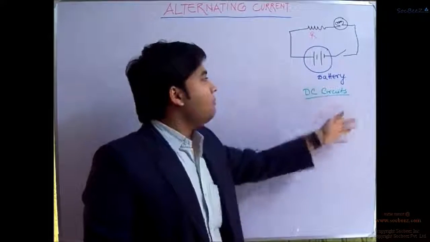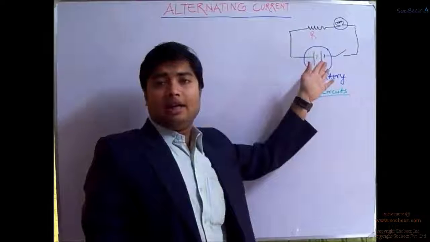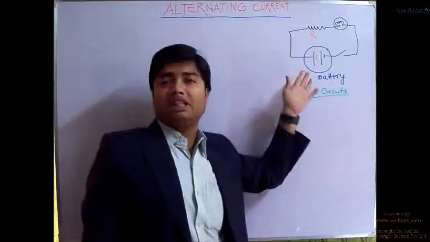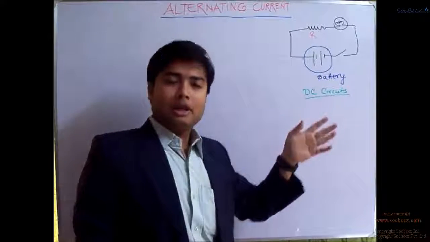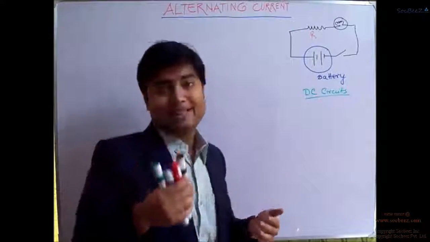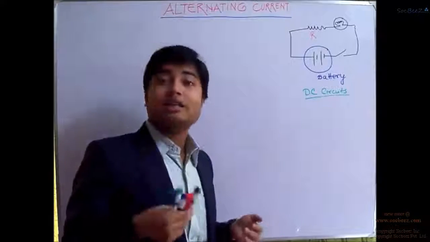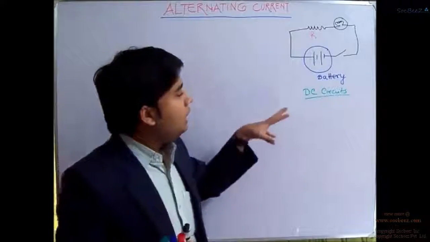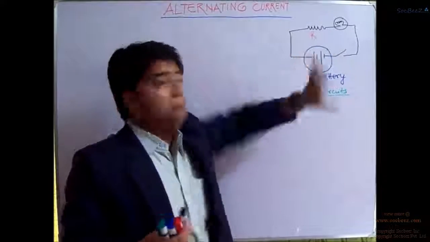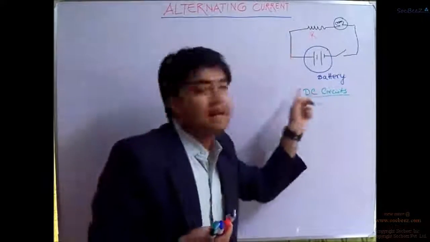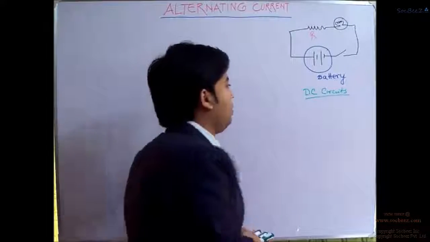Direct current means that it will never reverse its phase. Yes, we are coming into the concept of phases, what it is, what is phase change. But if we want to make it an alternating current circuit, how will the circuit look?